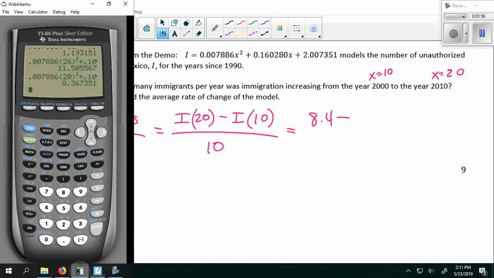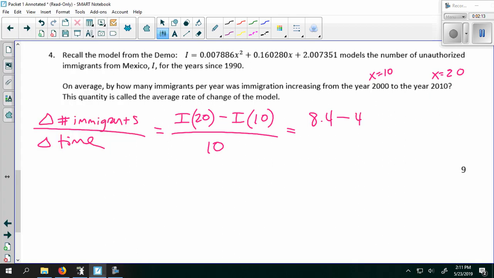And then when I plug in 10, I get 4.4 million divided by a change of 10 years. So the total change, there were 8.4 million in 2010 and 4.4 million in 2000. So it's a total change of 4 million.